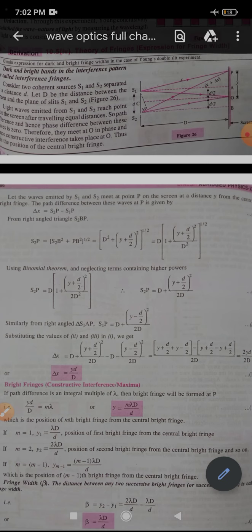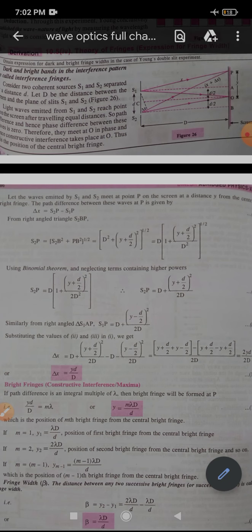S1 has moved a smaller distance and S2 has moved a larger distance, so there is a path difference. We have the path difference delta x equal to S2P minus S1P, because the S2 slit has moved a larger distance.